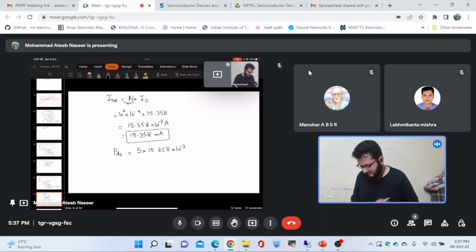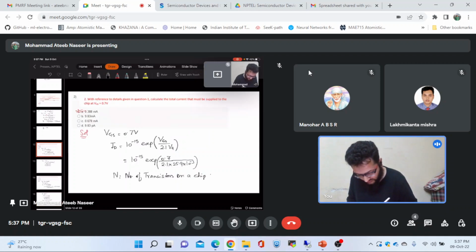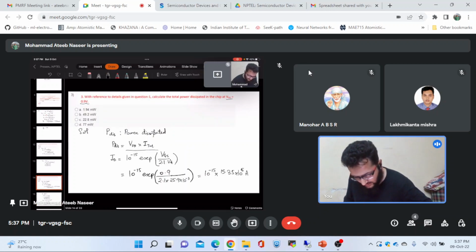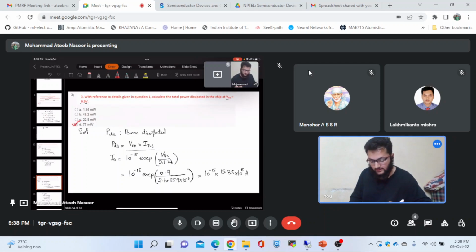So let me multiply this number into 5. It will come out to be approximately equal to 77 into 10 to the power minus 3 watts. Let us check the options. The answer is in milliwatts, so it will simply be 77 milliwatts. So let's check the option. Option D is matching, so we will select option D.